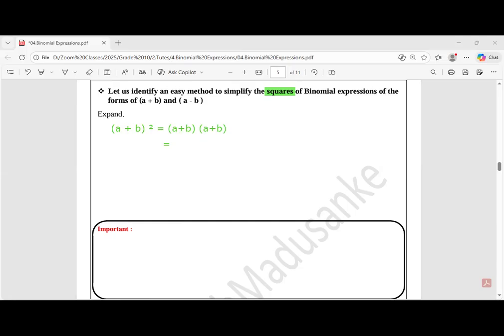Achini, please fix your mic and use a headset. If you use a wired headset, it will be good. And Nimnadi, what about you? Nimnadi.